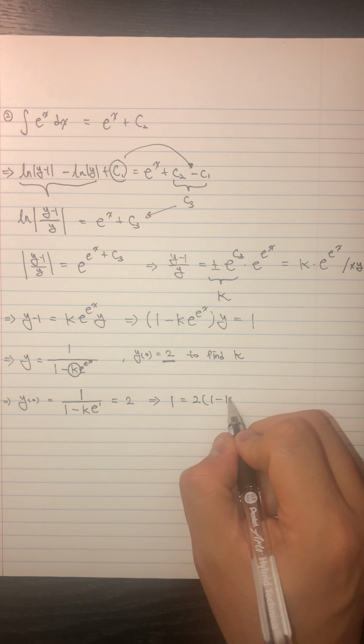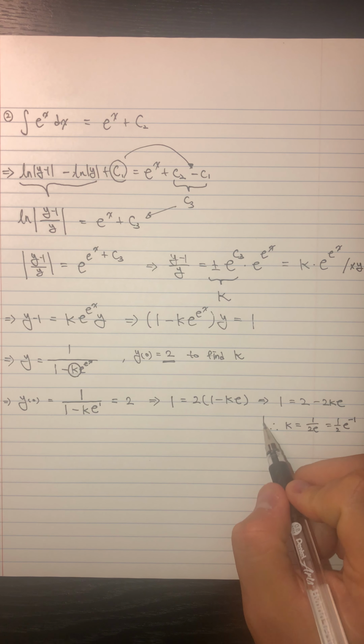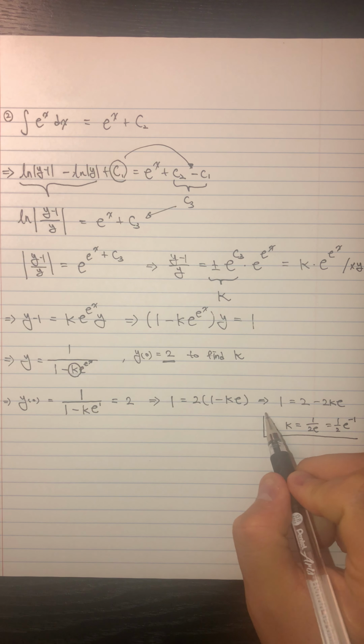So from this equation, what is k? k is equal to 1 over 2e, or 1 over 2 e to the negative 1. So we found the value of k.